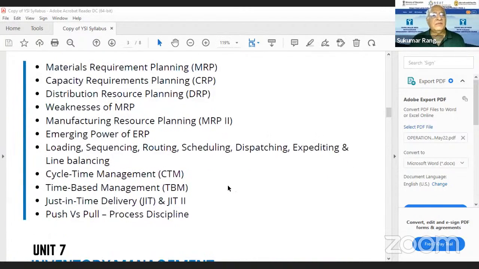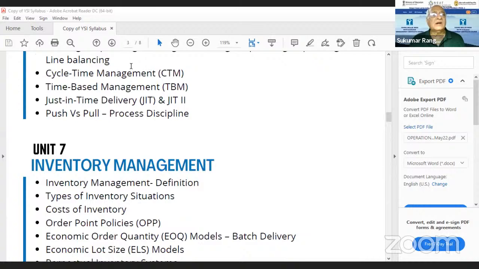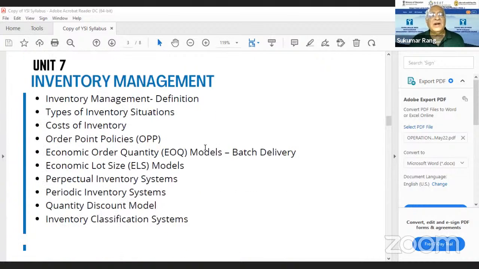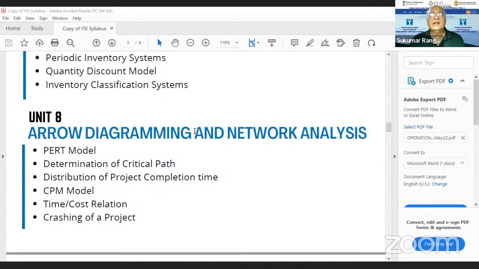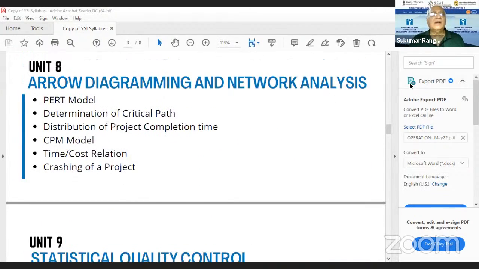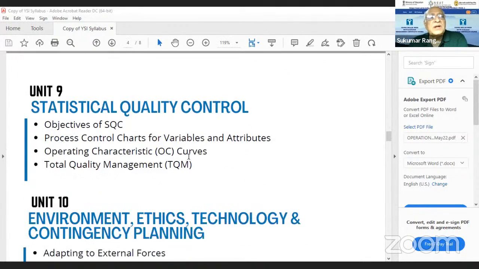This is a very important thing: inventory management, inventory classification and things like that. Then network analysis, mostly for project management: program evaluation and review technique, then critical path method, PERT and CPM, used for project management.